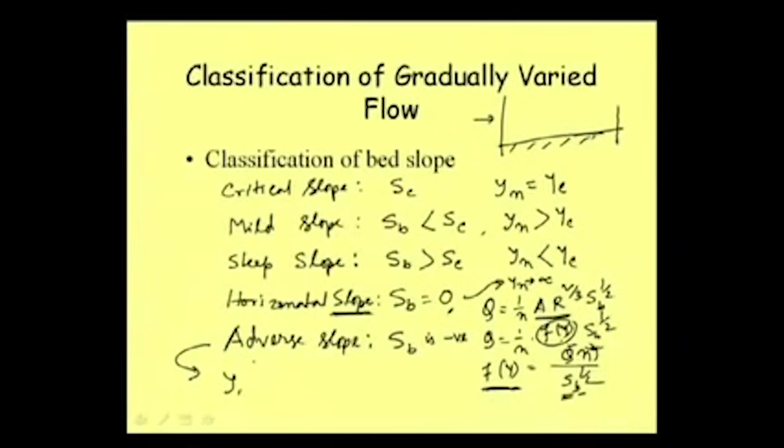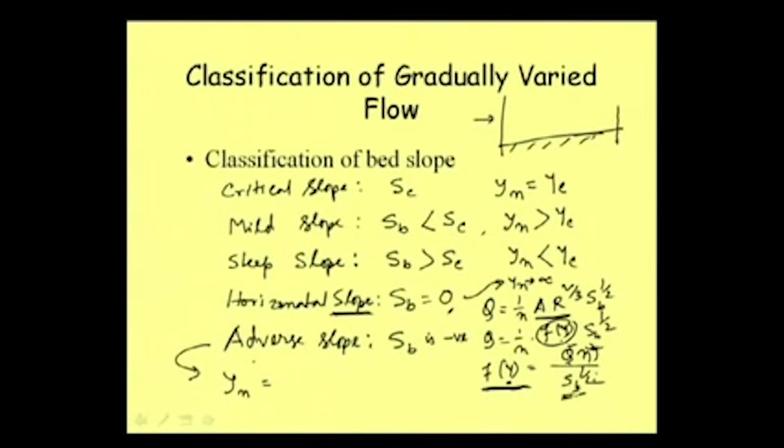So, for adverse slope, what will happen to the normal depth? Now, if we see this equation again, what I am writing here, this function of y is equal to Q into n divided by Sb to the power half.